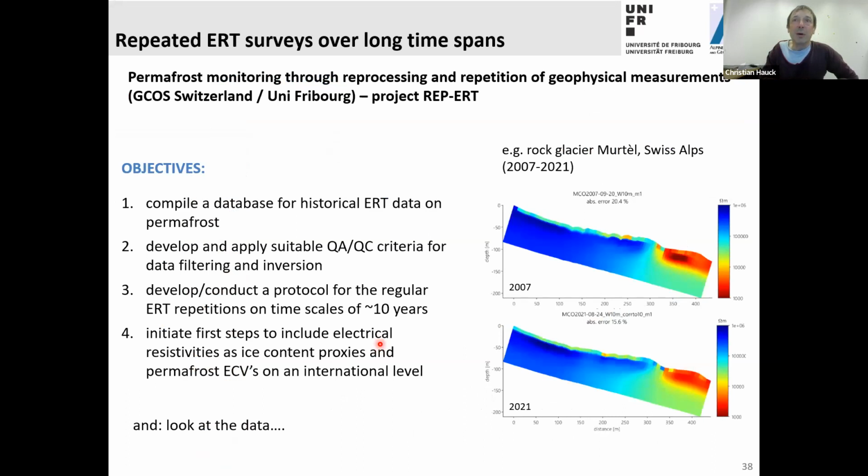Now, looking at the time, I will hop a bit over this part if you have any questions afterwards. This is one new project where we try to see whether we can save some effort, time, and money by not doing it every year, but just going back to the same site 15 years later and seeing whether we still get a consistent change, which we can attribute directly to climate change or to thawing ice.